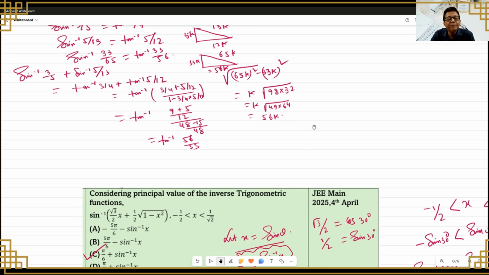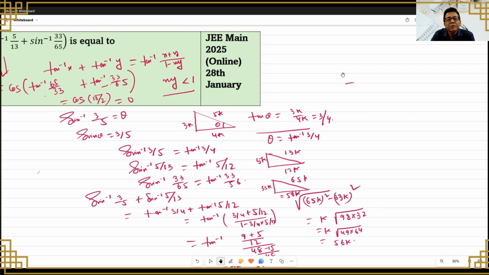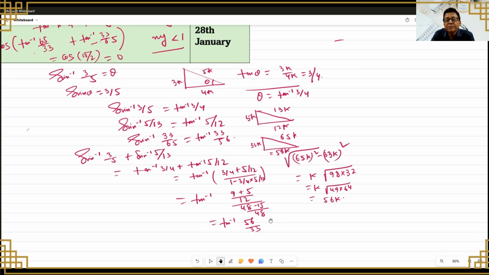Have I checked in the previous one? This one, x into y less than 1 or not? Yes, that I mentally checked. With x into y being 3 by 4 times 5 by 12, this is very much less than 1. Isn't it?